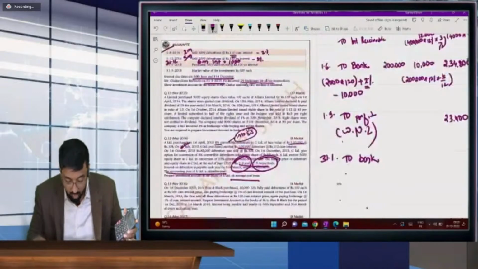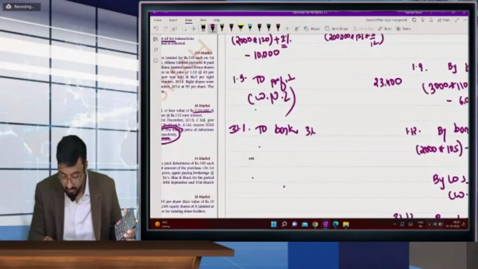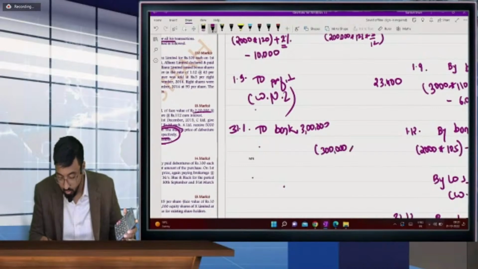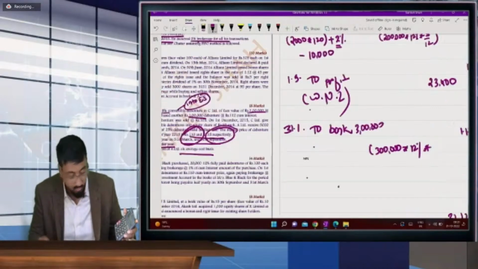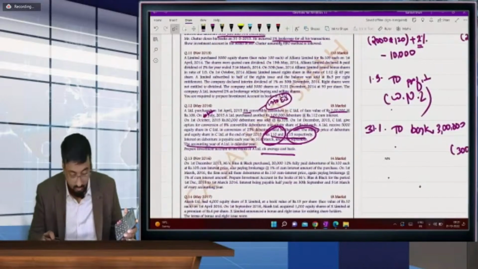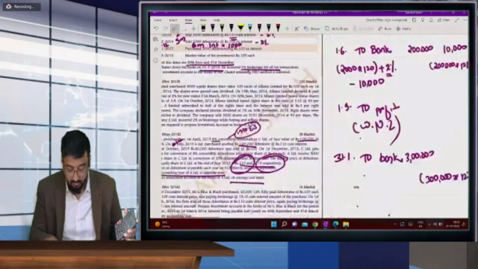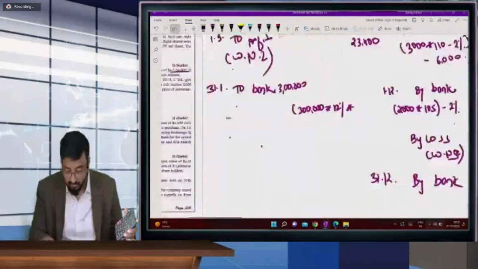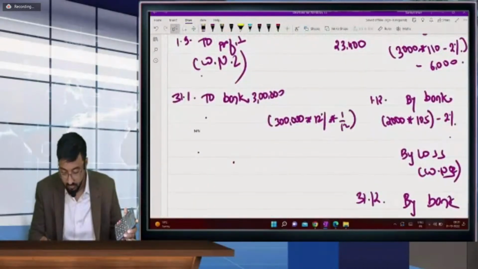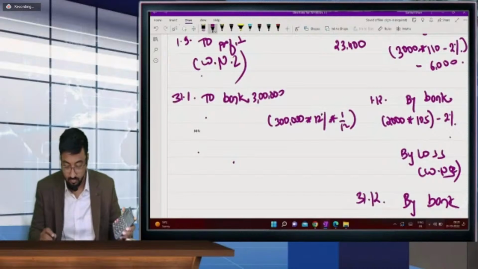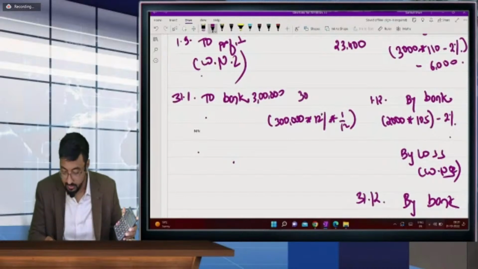So now your lot is increased. 3,000, means 3 lakhs, sorry. 3 lakhs into 12% into how many months? 1 month. So beta, this is 3,000.